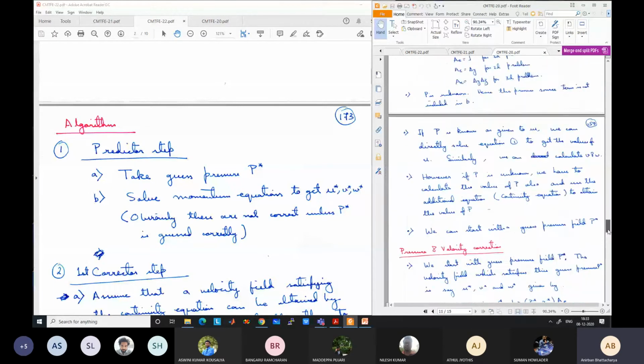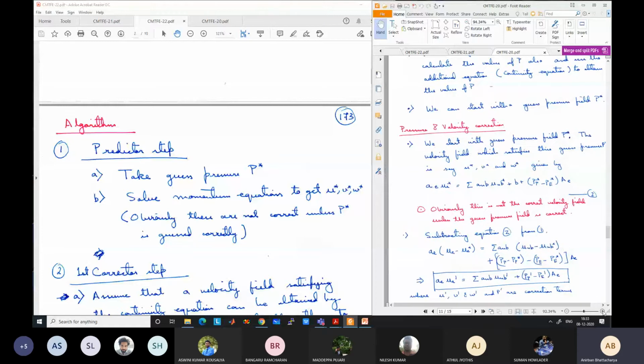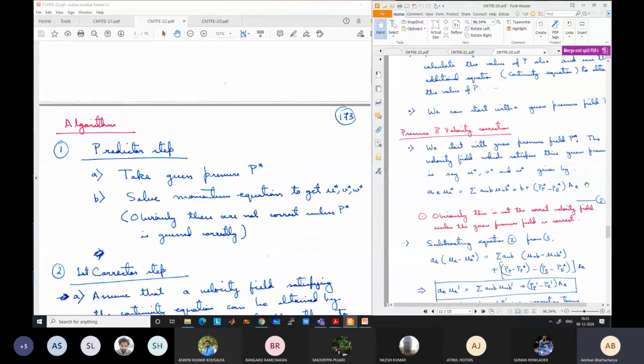By solving the three momentum equations, one for each velocity, and we have to solve them for each individual grid point. So in discretized form there will be hundreds of discretized momentum equations. We get all the star values. This is the predictor step.